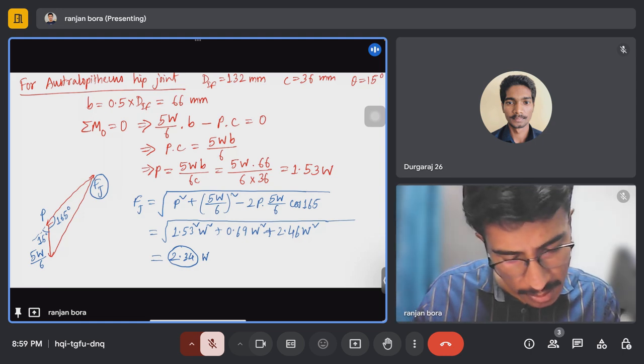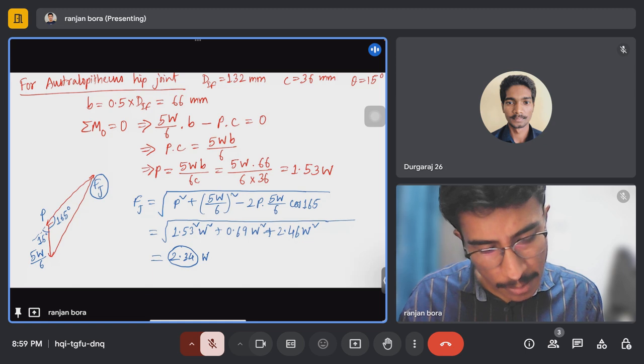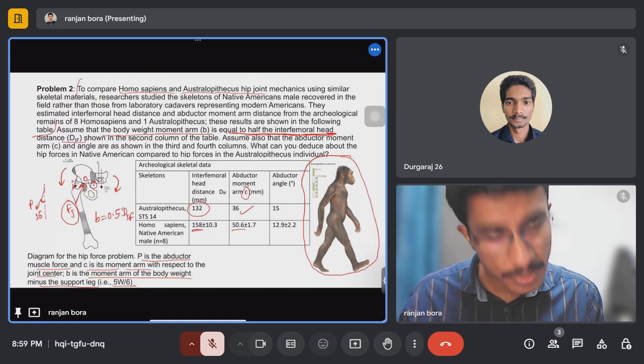For Homo sapiens, DIF is 158. We are taking this mean value 158, then 50.6, then 12.9.